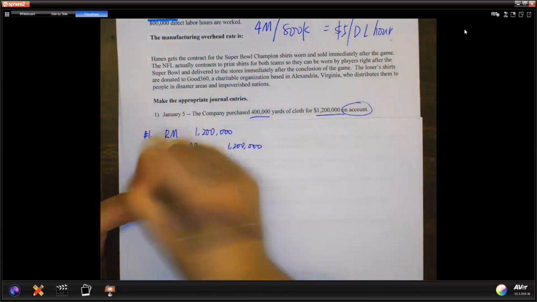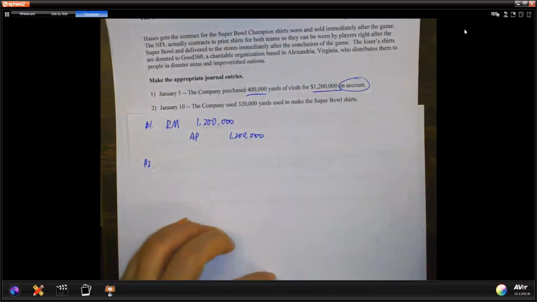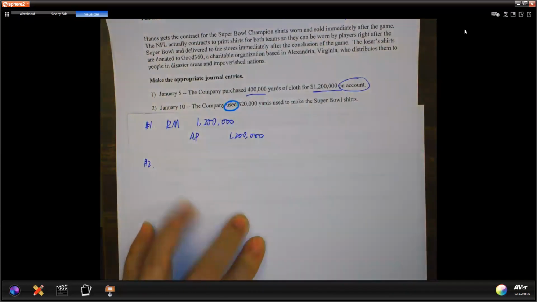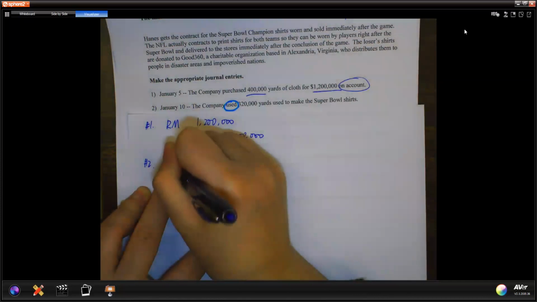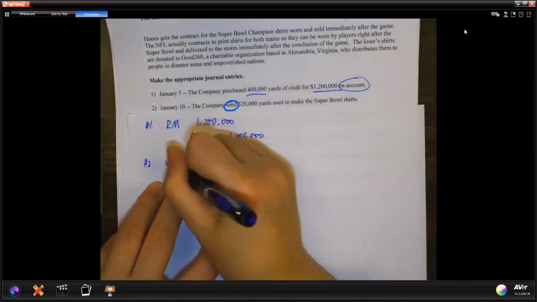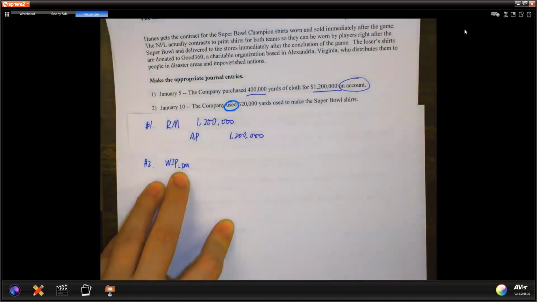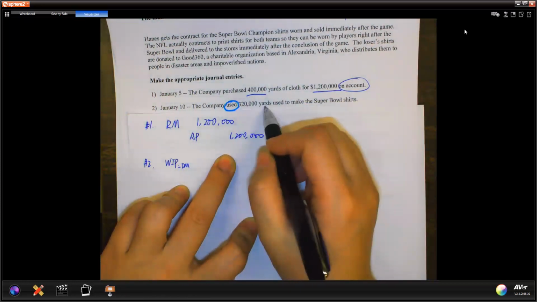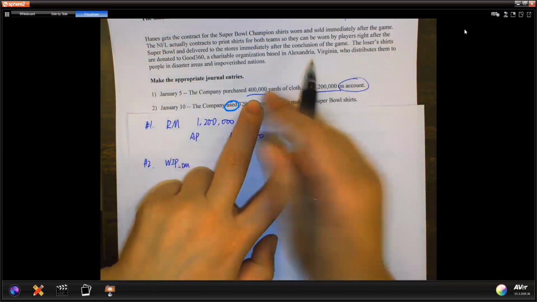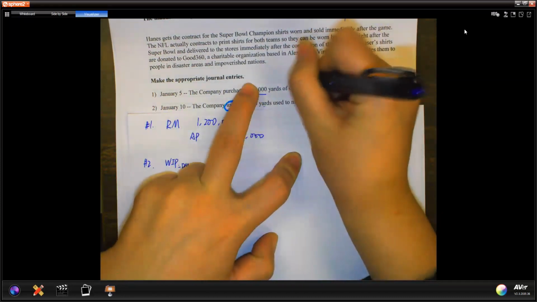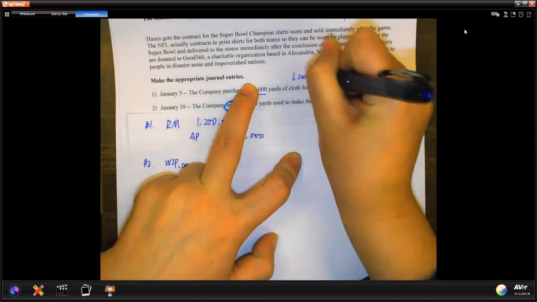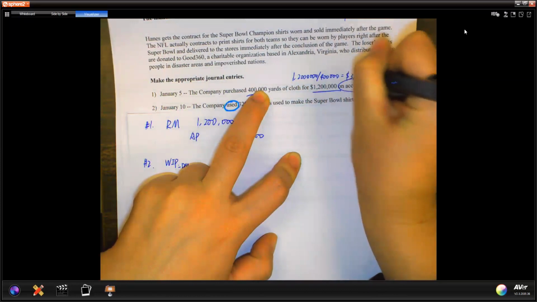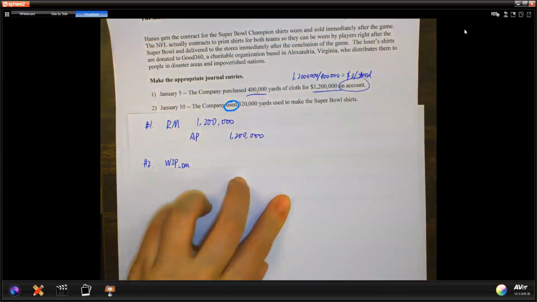Second is when we used it, it became our work in process. How much? We used 320,000 yards. From the first one, you will know the cost for 1 yard: 1,200,000 divided by 400,000 gives you $3 for each yard.